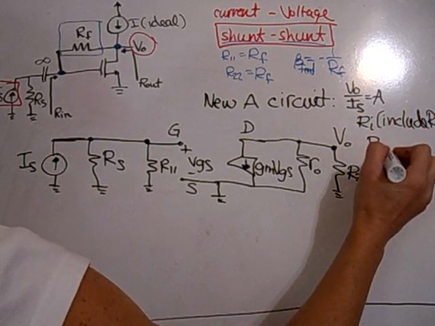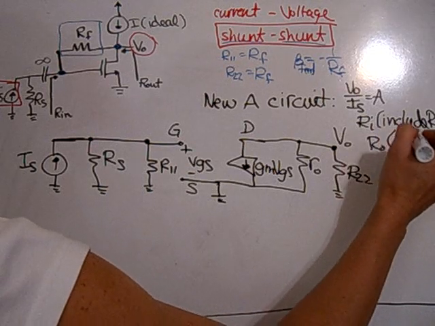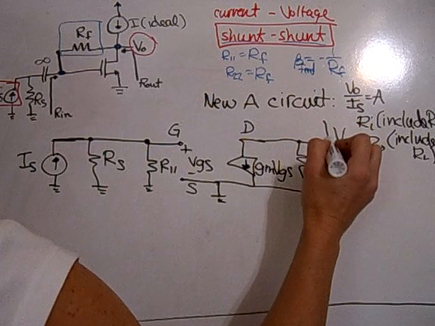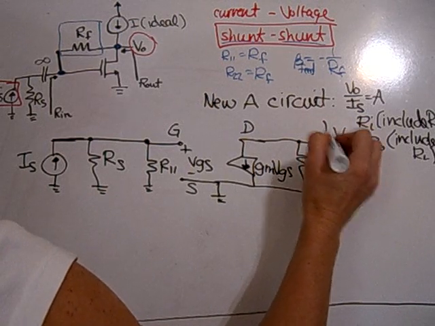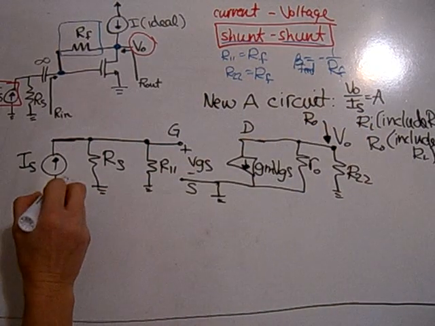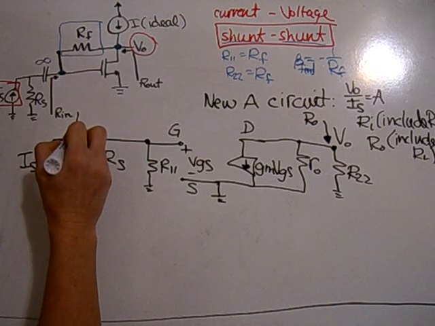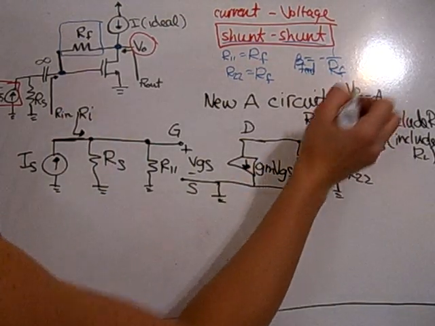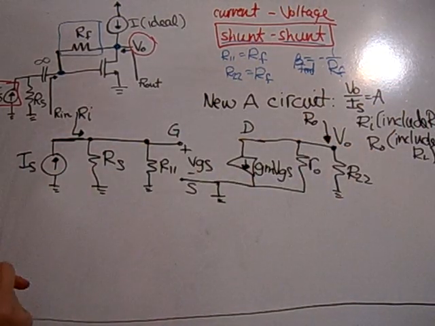And I want to know RO, which will include RL. In this case, there is no RL, so my RO will be at this location. And my RI will be here. And then the A gain will be from V0 to IS.